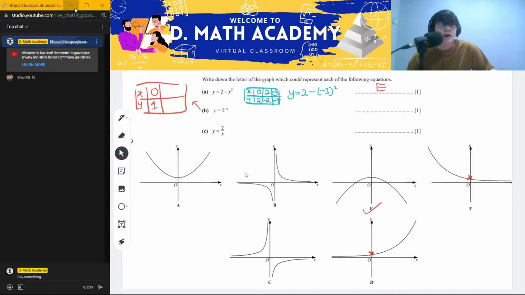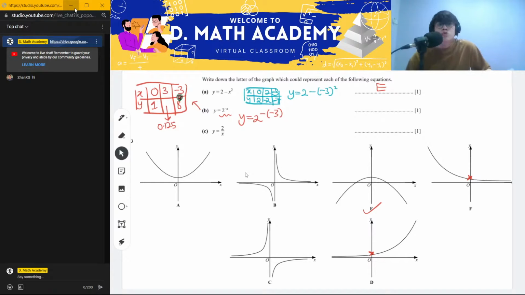To further check our results, I will be substituting random values again. Let's say it is 3 today, so you key in 2 to the power of negative 3. You end up with 0.125. And when it is negative 3, kindly take note, because of the negative being here, when you substitute it accordingly, you end up with negative negative 3, so you get your result as 8.